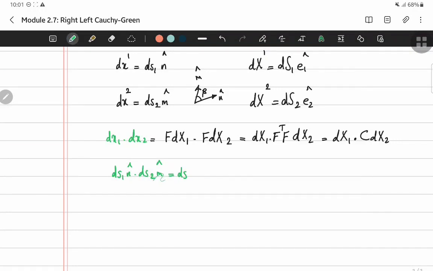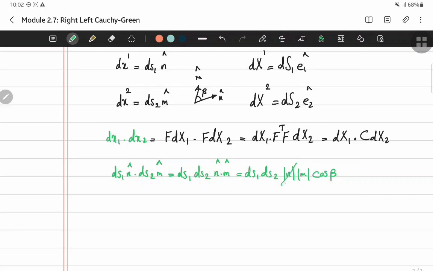So I have ds1, ds2, and n dot m, which can be written as ds1, ds2 times the magnitudes of n and m times the cosine between them.